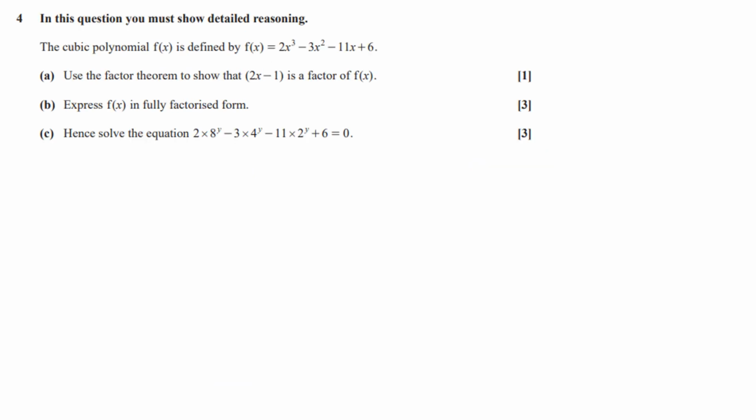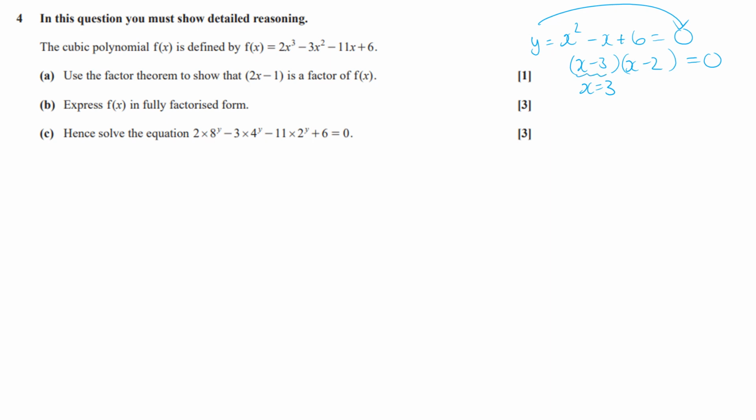Question 4 is a factor theorem question. Now, just to go over the factor theorem, if I had a quadratic, so not this question, just a quadratic first, maybe x squared minus x plus 6, that factorizes to x minus 3, x minus 2. Now, when you have y equals to that quadratic and equal to 0, you're on the x-axis where y is equal to 0, and letting the factorized form equal to 0, we get a solution that x is equal to 3.